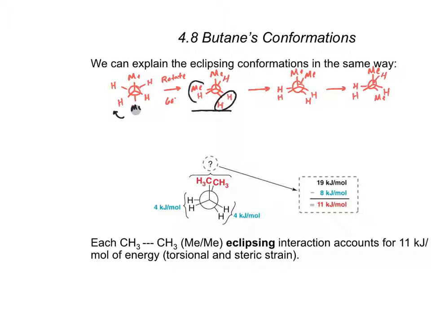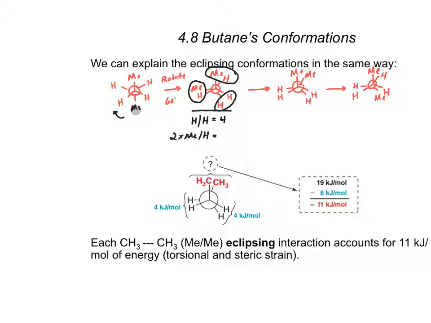We've got a methyl-hydrogen eclipse, and we've also got a methyl-hydrogen eclipse up here, right? So we've got hydrogen-hydrogen, and then how many methyl-hydrogens do we have? Two, right? So we've got 2 times a methyl-hydrogen. Do we know approximately how much a hydrogen-hydrogen costs? Yes. It's about 4 kilojoules, right? So we've already figured that out from ethane.